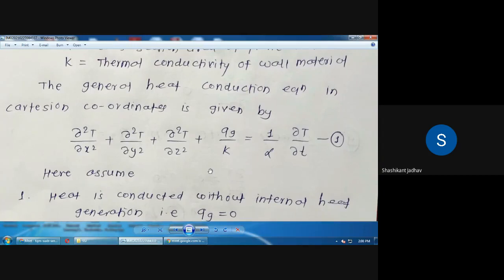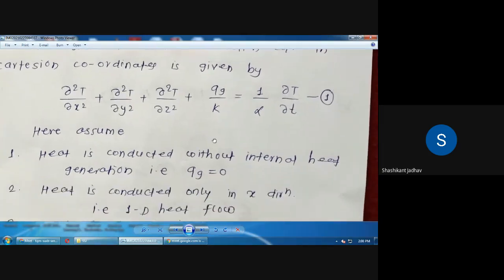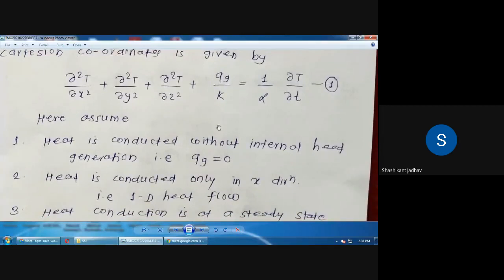Write down the assumptions we are considering to derive this particular equation. First, heat is conducted without internal heat generation, that is Qg is equal to 0.